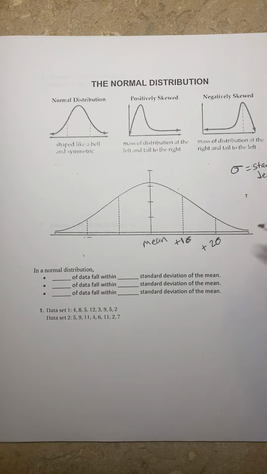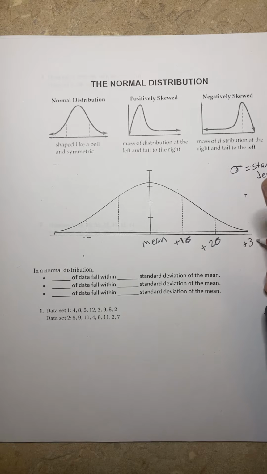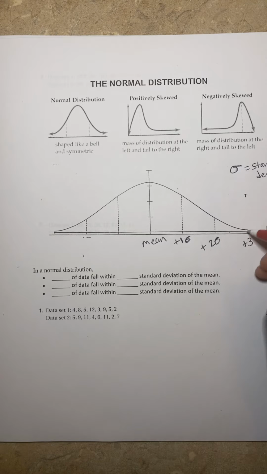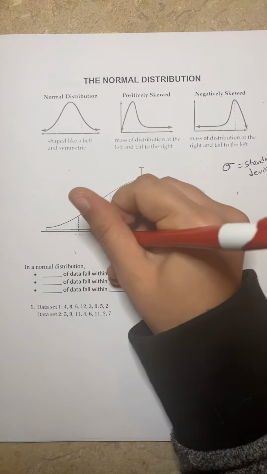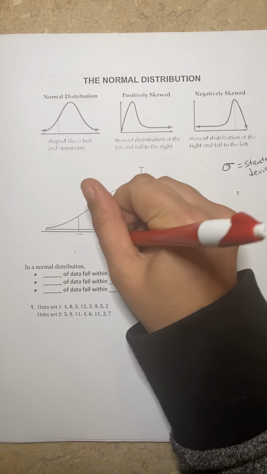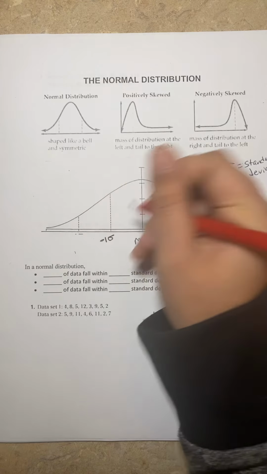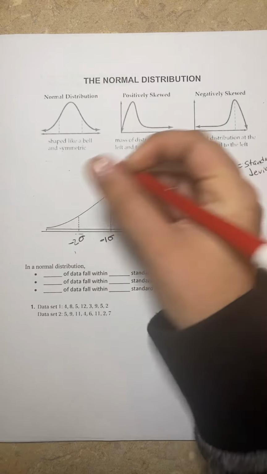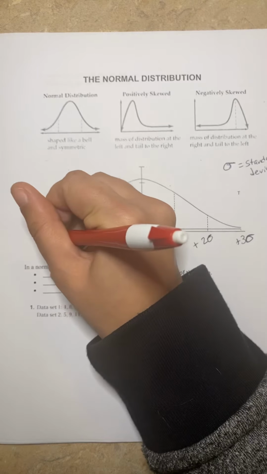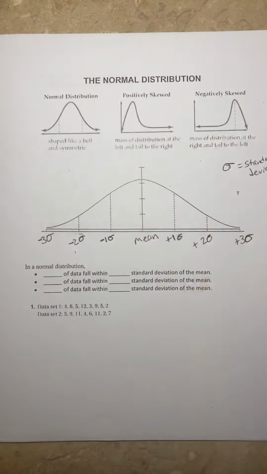Then the rest of this would be 3 standard deviations away. On the opposite end it's the same, but instead of adding it, you would subtract it. So that's minus 1 standard deviation, minus 2 standard deviations, and then minus 3 standard deviations.